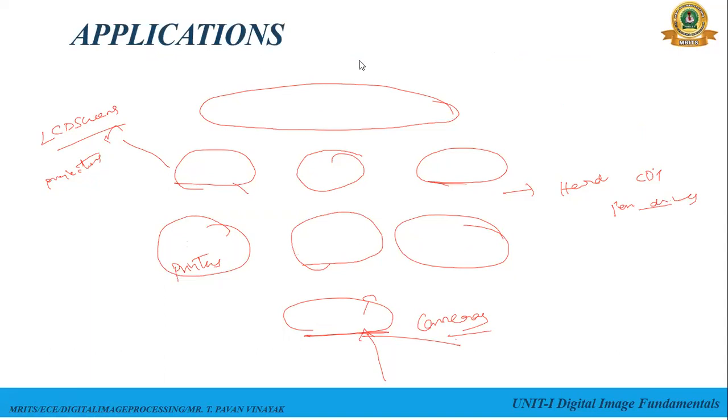Next are some applications. In the medical field, we use image processing, right? For pattern recognition or to identify tumors, etc. In the medical field, image processing is a basic thing.